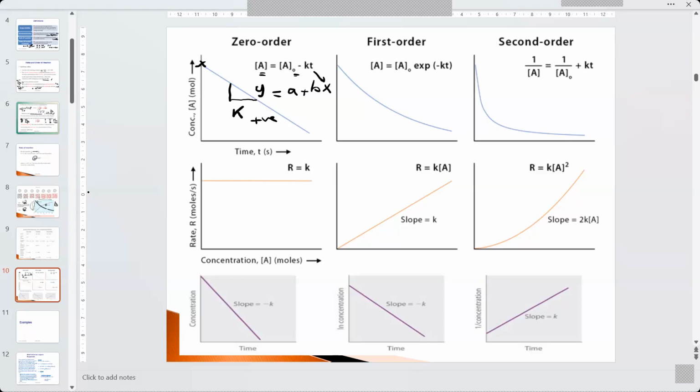So, K is positive always, together with the sign, negative K here is the slope. So say the slope is minus 0.2, for example, so K is 0.2. And then the equation we write, minus K times T, means minus 0.2 times T.